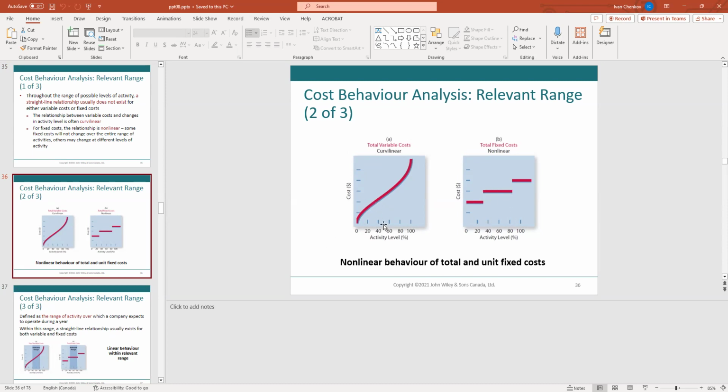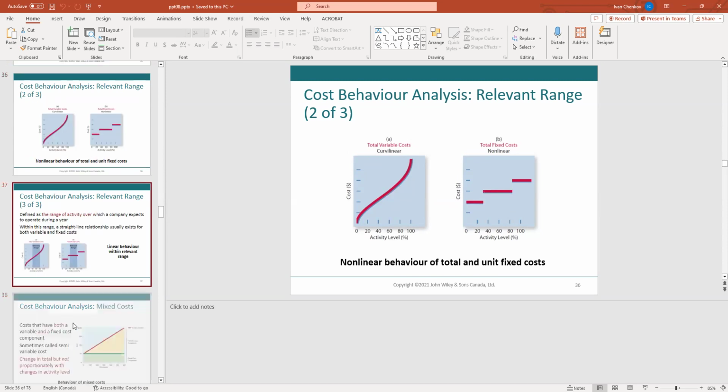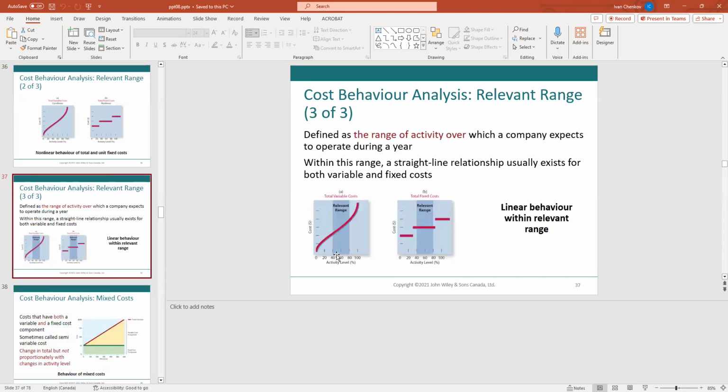And then between 40 and 80, we're gonna cut this line for the variable cost, and we're gonna express it by formula. So between 40 and 80, the variable cost behaves as a variable cost. The more we're using it, the more we have to pay. And the fixed cost stays the same. So that will be our relevant range of activity.